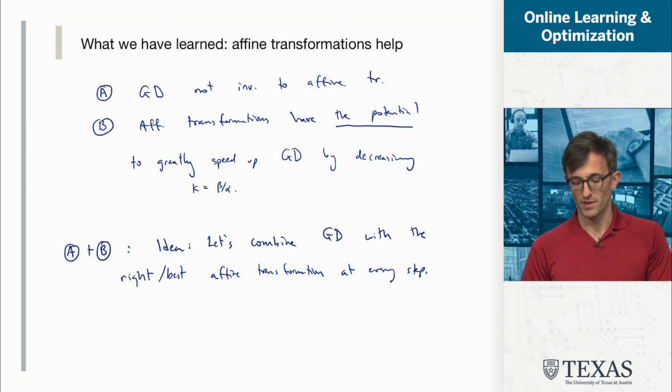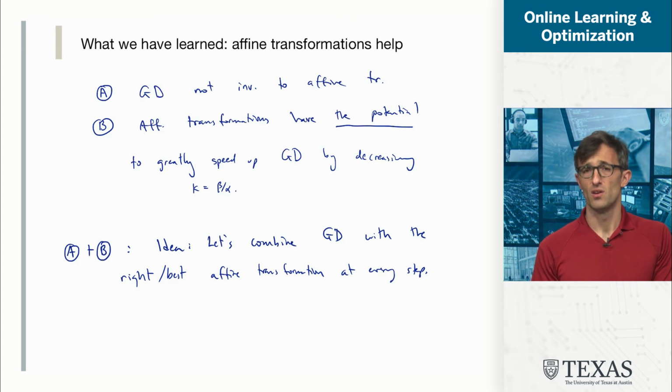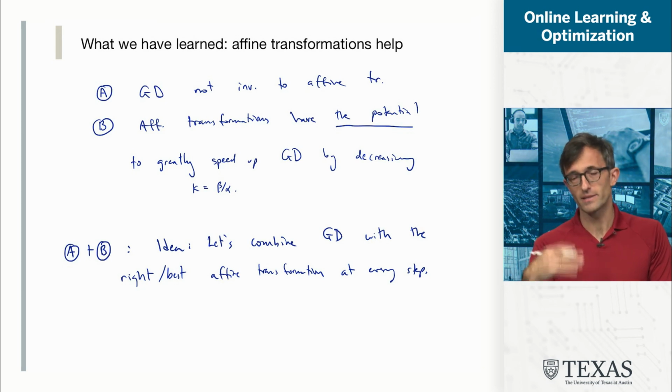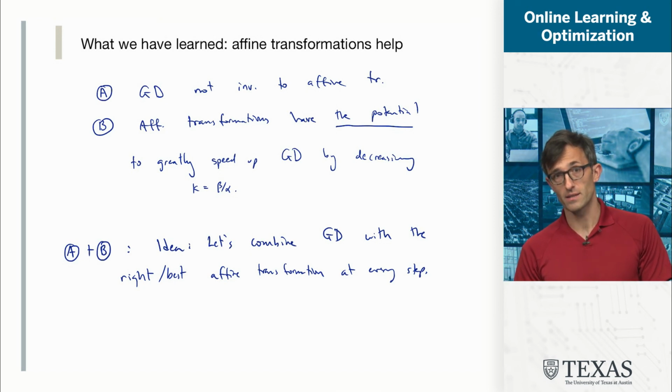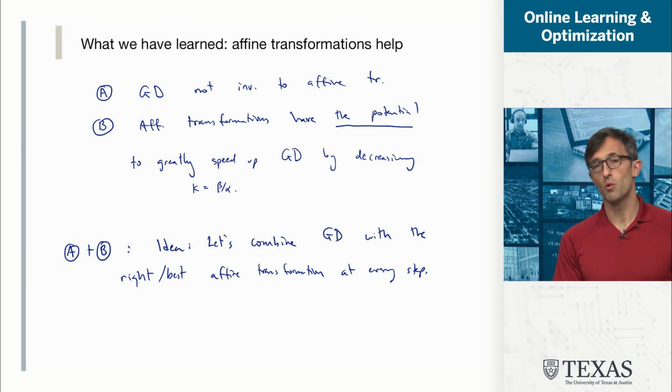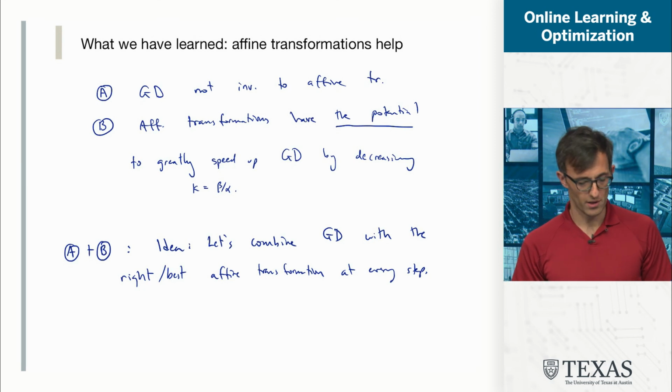Doing this for the simple quadratic, we basically saw that if we can find that transformation which converts the quadratic into a function which is just minimizing 1/2 x transpose the identity times x, that's what we saw when we went from f to g, then gradient descent, plus that correct affine transformation, is going to converge in one step. That's the best, of course, that we could hope for. But if we don't have quadratics, we need to take what we learned from quadratics and port it over to the general function.